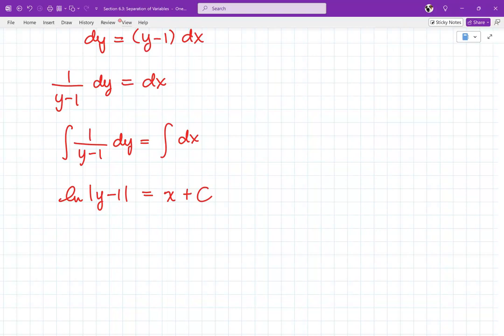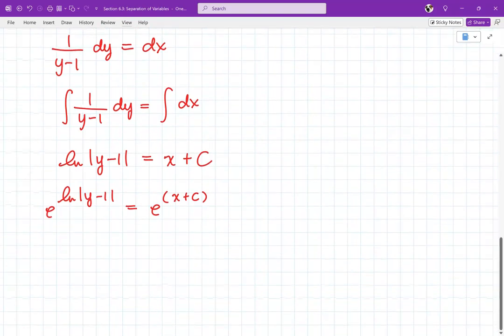Okay? So at this point, I need to get y by itself. So I'm going to use e as a base. So e to the natural log absolute value of y minus 1 is equal to e to the x plus c. Okay? So once I do that, I get y minus 1 is equal to e to the x times, well, I'll put e to the c.